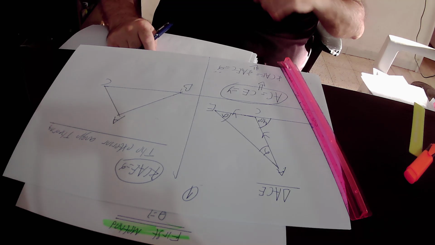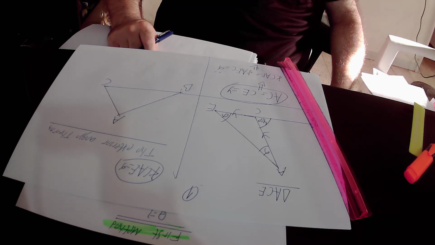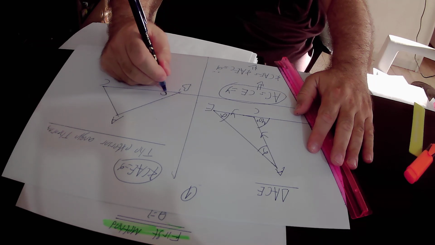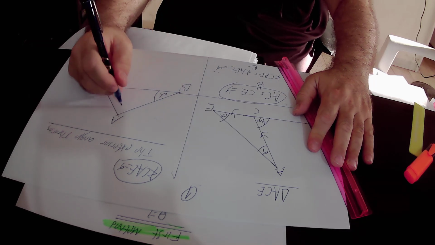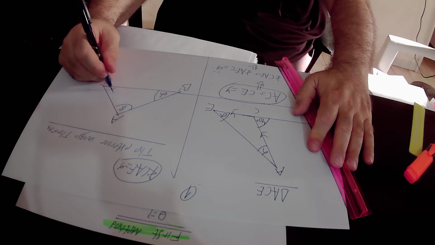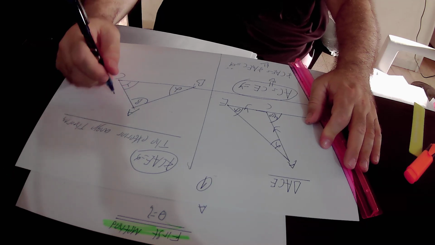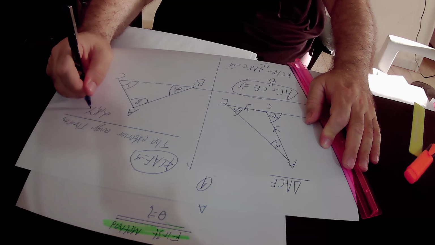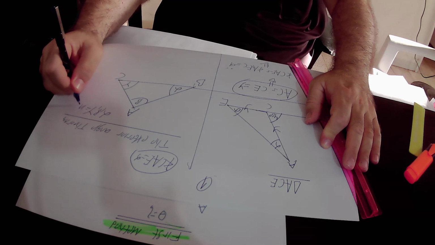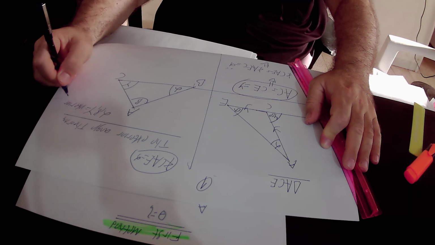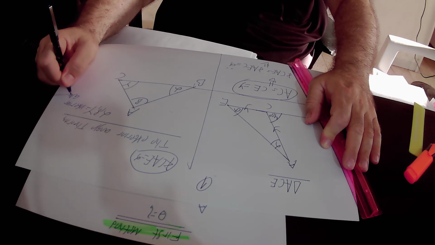In triangle ABC, we have three interior angles: angle alpha, angle beta, and angle gamma. Angles alpha, beta, and gamma are defined as interior angles of triangle ABC because they are located inside triangle ABC.